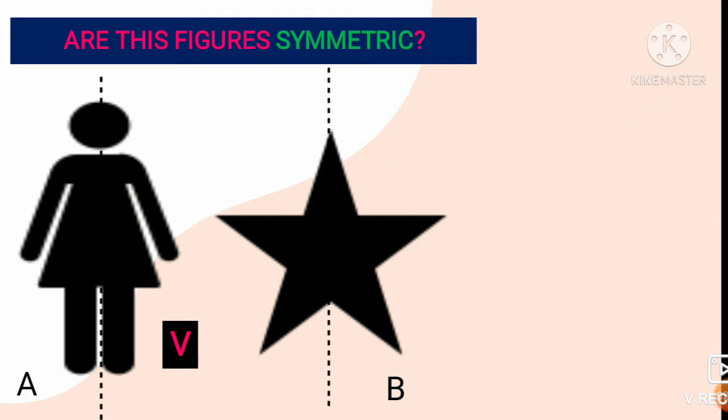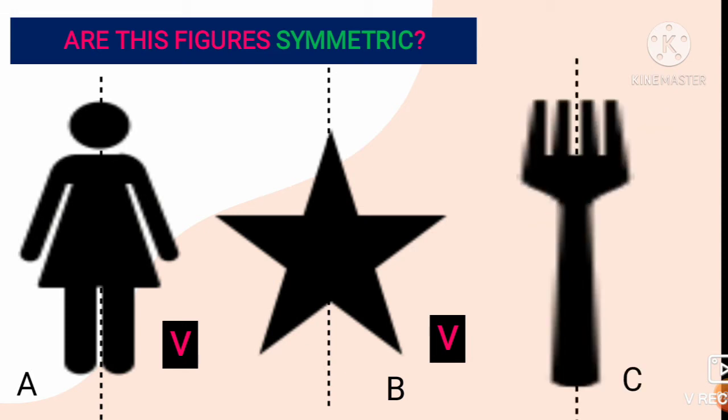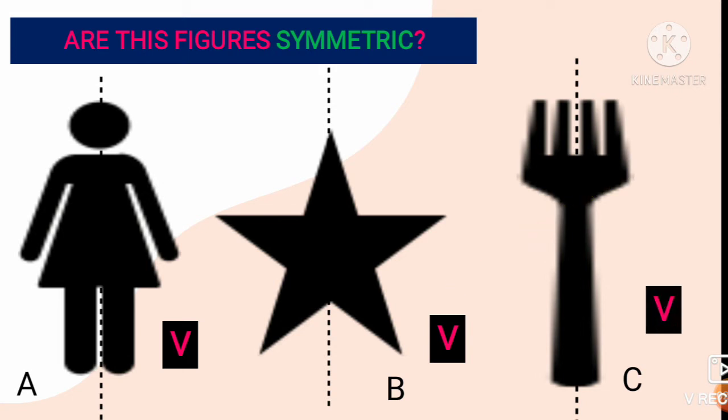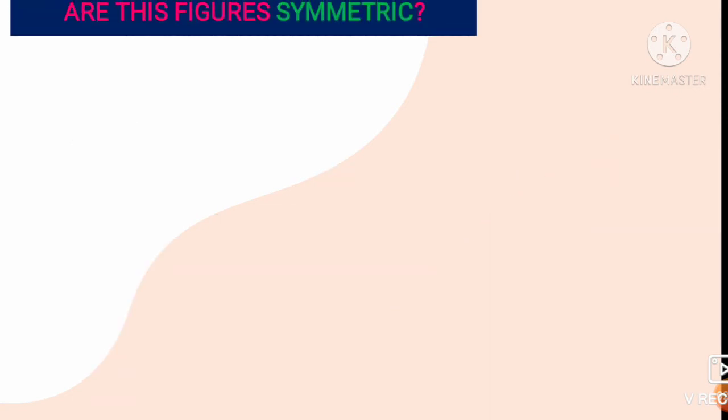Yes, definitely. So star, it is a symmetric figure. What about the fork? Fork with four, and we can flip into two and it fits exactly. Put the line in the middle.